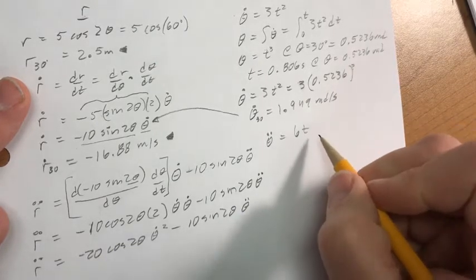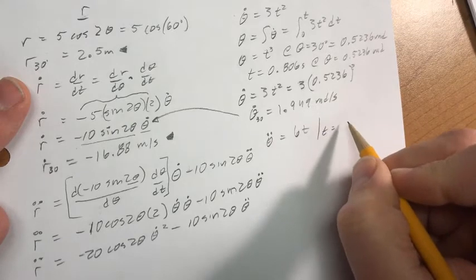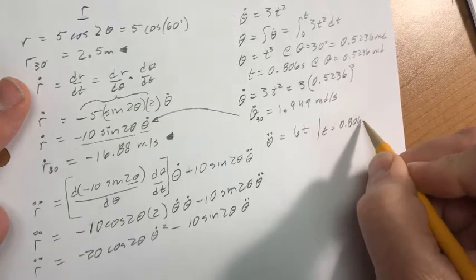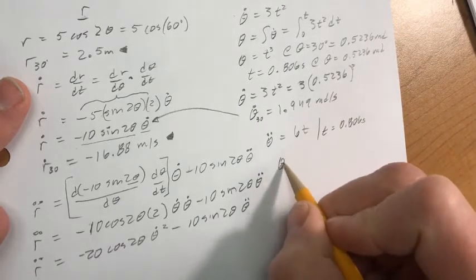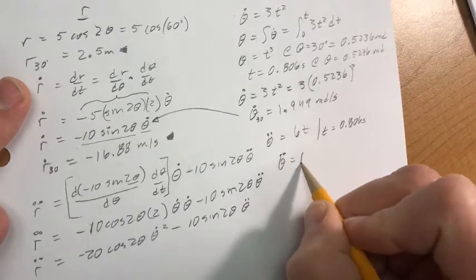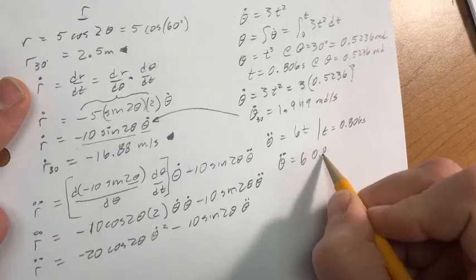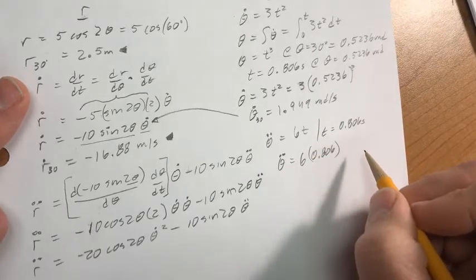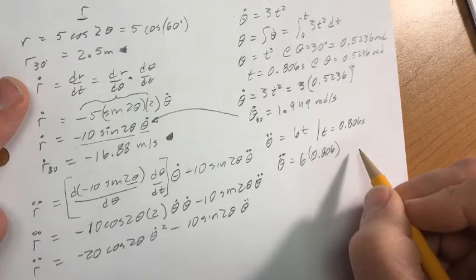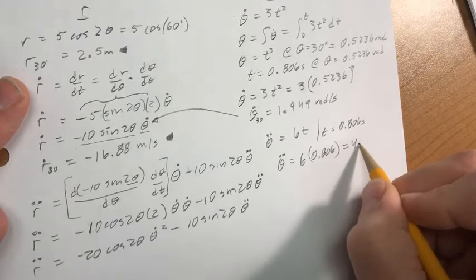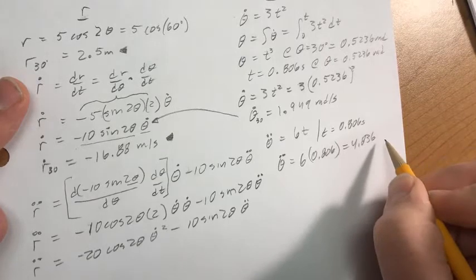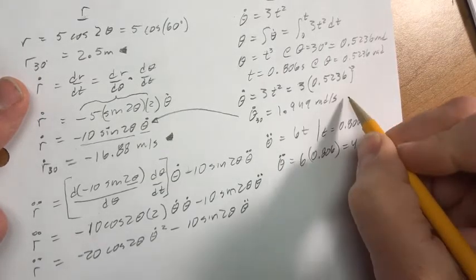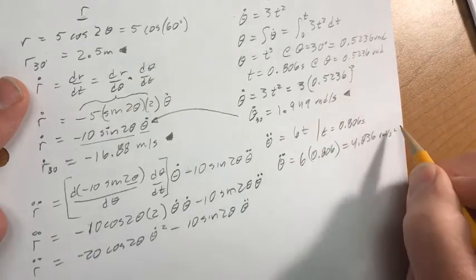So we can solve this where t equals, what was the time? 0.806 seconds. So theta dot dot equals 6 times 0.806, which equals 4.836 radians per second squared. Okay, these numbers are important.